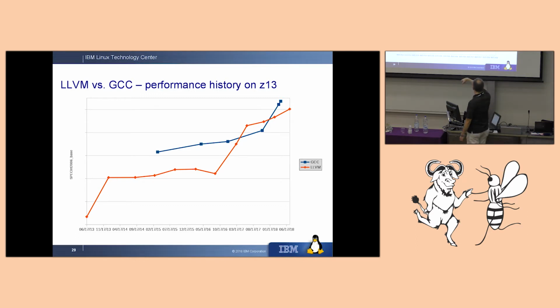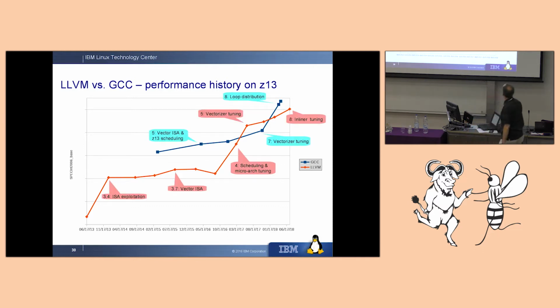Now, why did we get these results? To the best of what I was able to find out, what we did and what we think caused these changes, I put it on here. So let's start with the LLVM side. 3.3 was the initial version that just worked correctly.